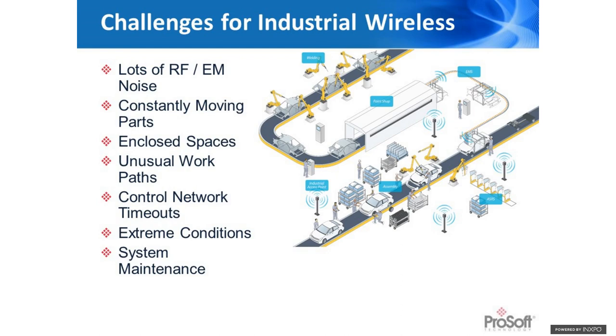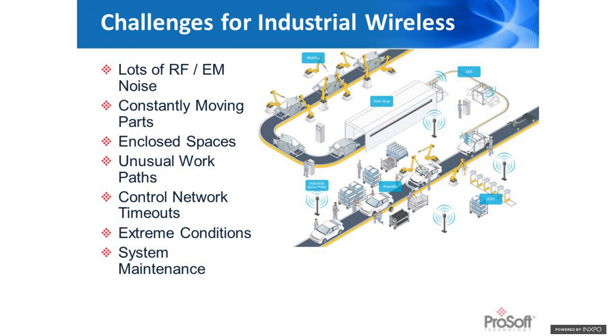If we look a little bit closer at an automotive plant, you can see some of these challenges and how they crop up. There's a tremendous amount of radio frequency noise, electromagnetic noise generated in an industrial plant that you don't typically see in an office building, for example. We've got robots and arc welders. We've got all kinds of things that can generate some noise in that factory that we need to know about and deal with.